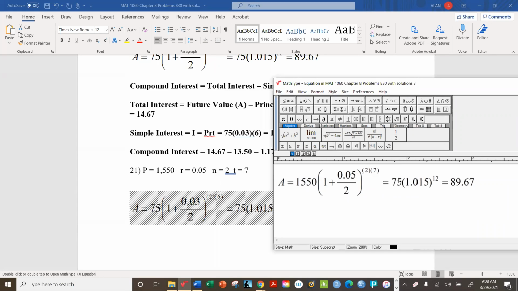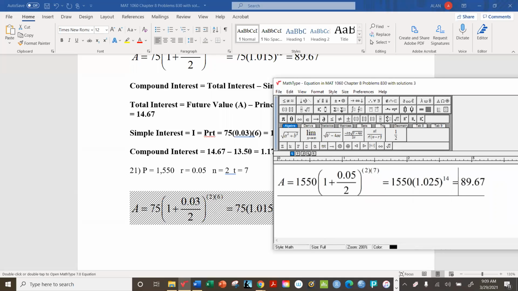So what we're doing here is actually calculating 1550 times 1.025 raised to the 14th power. All right. $2190.11 will be your final answer here.